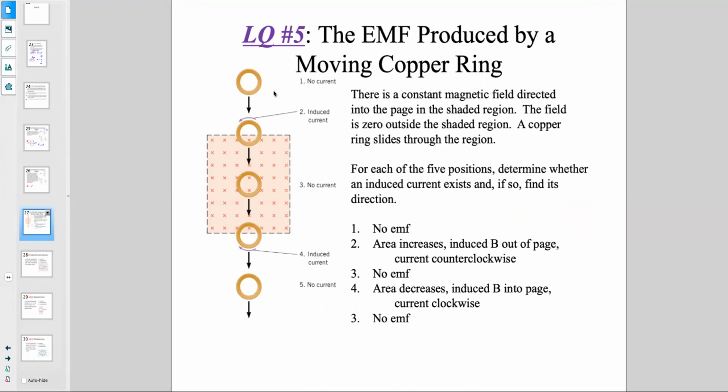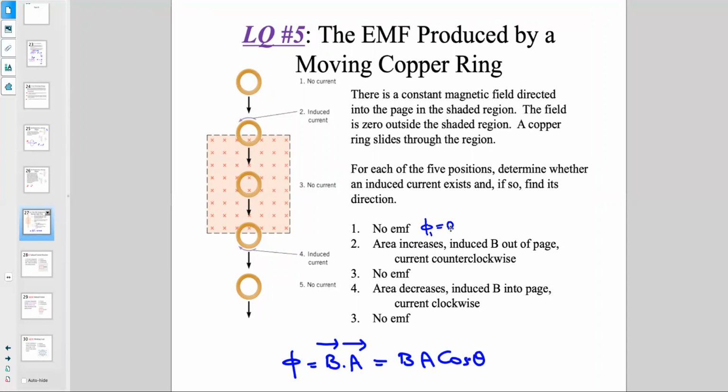Now at point 1 here, there is no flux going through it because, if you remember, flux was B dot A, or B A cosine of theta. At point 1 there is no B, so B is 0. So the flux is 0 at point 1.